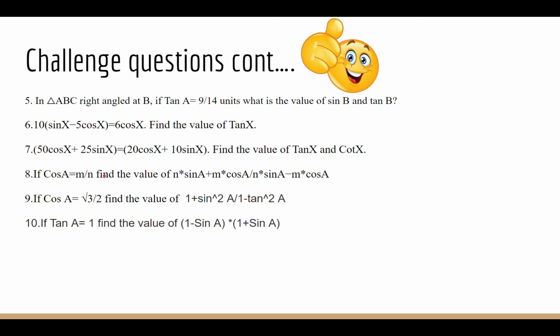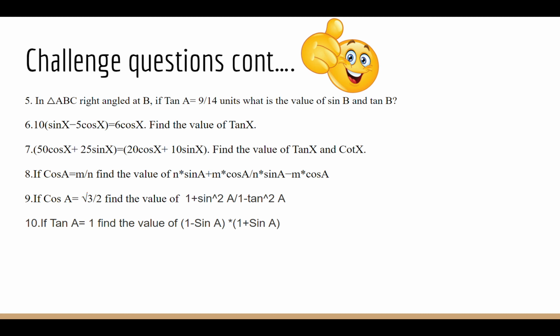Question number 8. If cos A is equal to m by n, find the value of n multiplied by sine A plus m multiplied by cos A, by n multiplied by sine A minus m multiplied by cos A. So in this, I do not need the numerical values. The alphabetical values, which are m and n, would work.